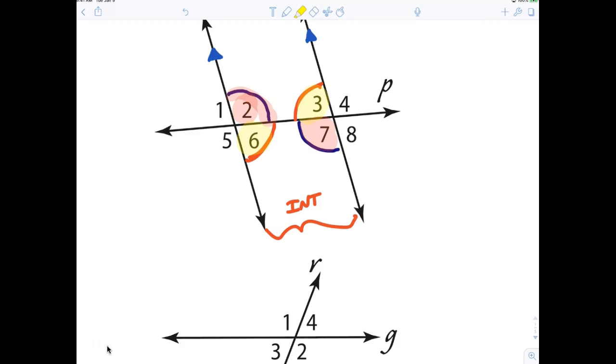I want you to think about what 1 and 8 and 5 and 4 could be called.